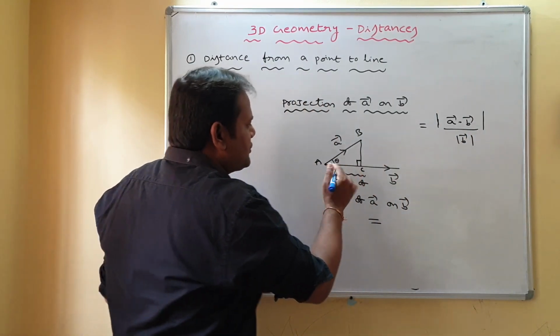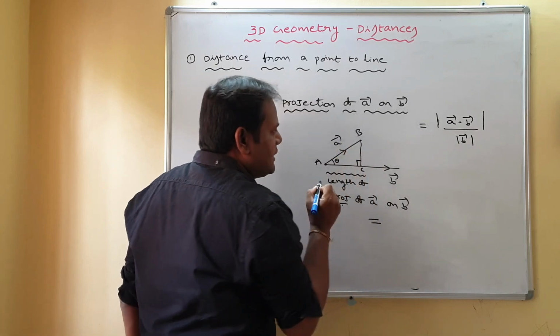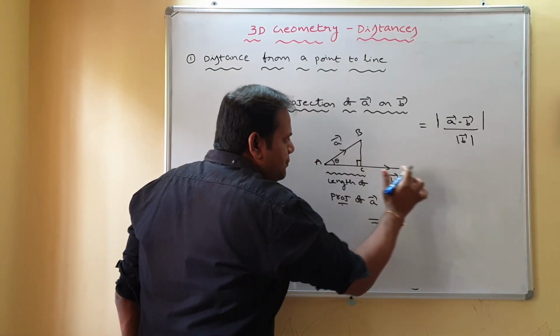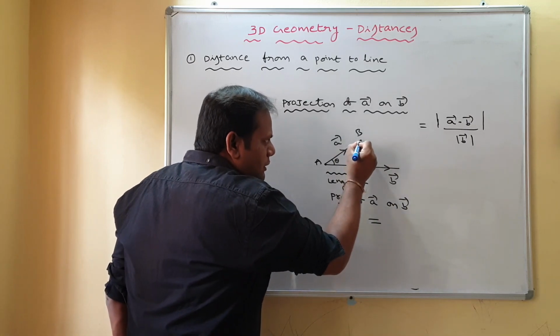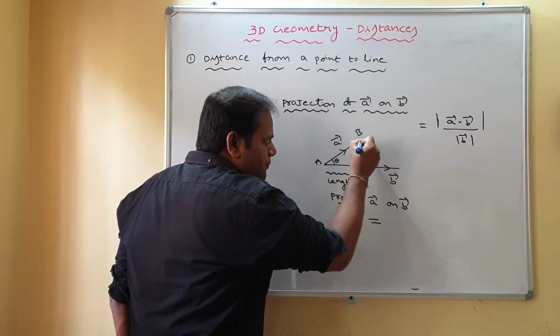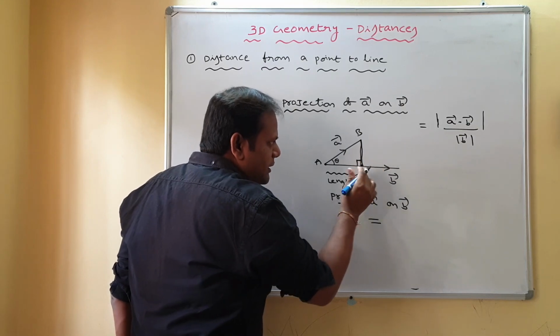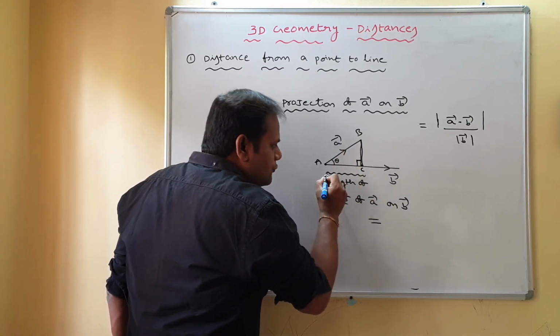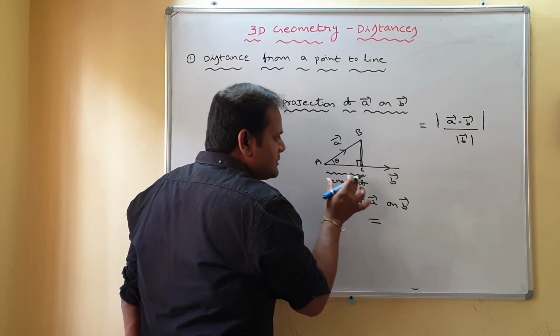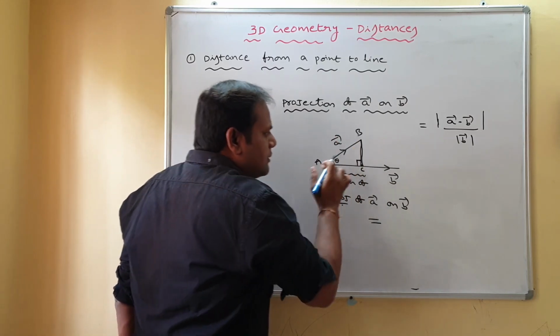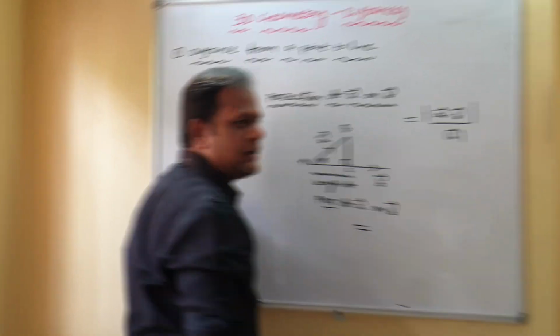Here AB bar is the vector and we want its projection on the b bar vector, so we drop a perpendicular from B to the b bar vector. That foot of the perpendicular is C. Now this length AC is called the projection of vector a bar on b bar vector.